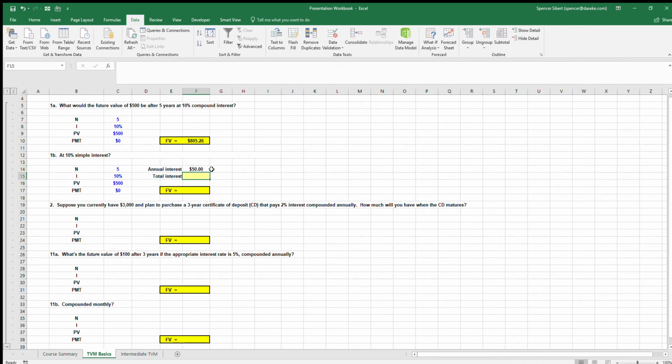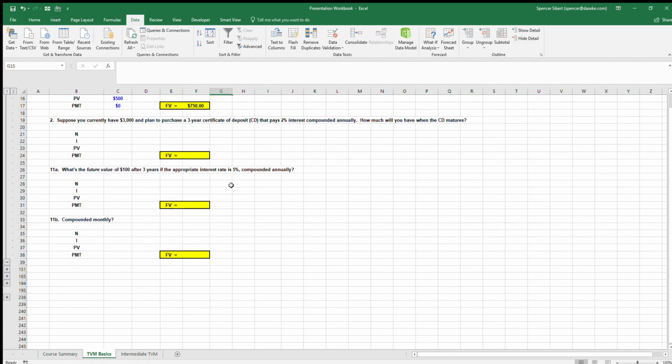Your total interest is basically this $50 that we calculated per year, multiplied by 5, because obviously this is happening over 5 years. And again, this is simple interest, not compounded, so it doesn't build on itself. And so the future value is going to be the present value plus what you just calculated above here. So 750 is your answer.